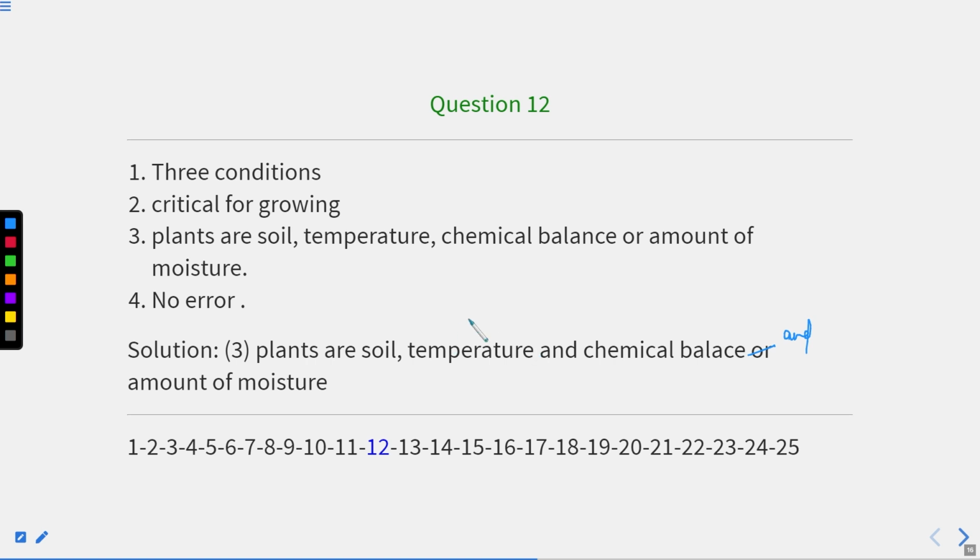Or you can say this like this as well. Plants are soil, temperature, and chemical balance or amount of moisture. Okay, so this can also be said. You can also use or over here, but there the concept will be changed because we need only three things. That is soil, temperature, chemical balance, or amount of moisture. This is one thing. Okay, one of the entire things. So third part contains the error.